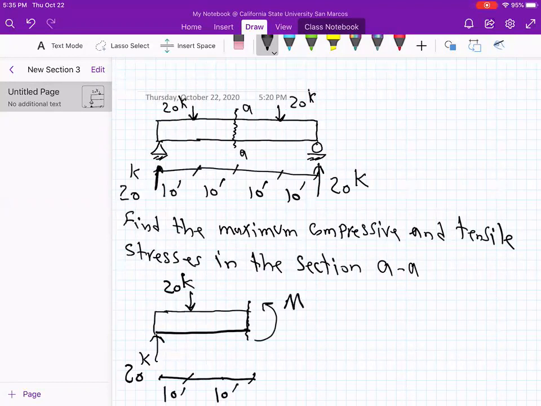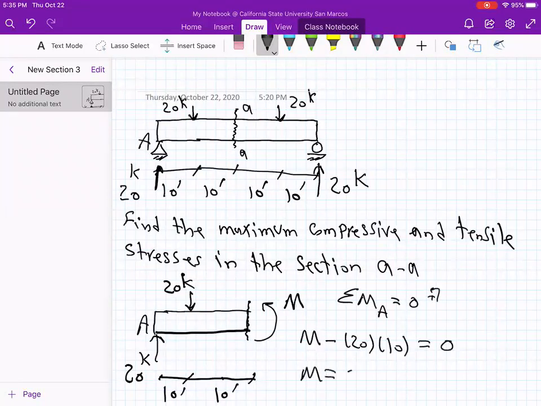So for example, if this is the point A, here is point A, and the summation of the moment about point A is 0. We have, in this direction for example, negative, and then moment minus 20 times 2 in the opposite directions, right?